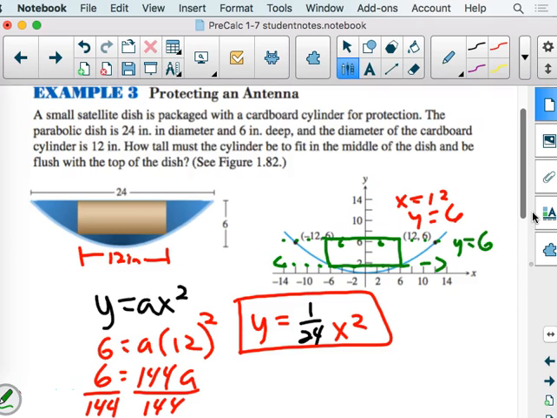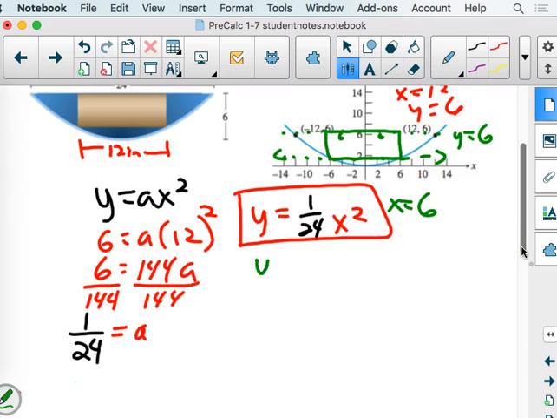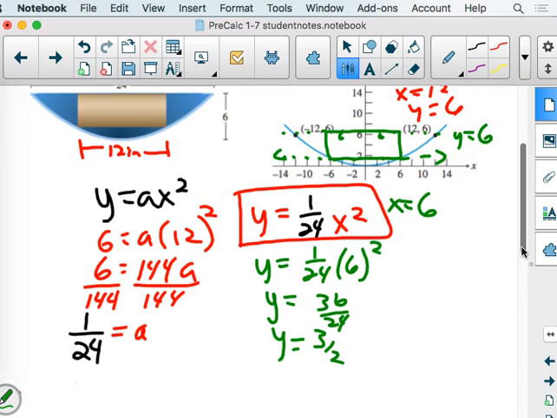Well, if I place this right, my x value is supposed to be 6 because it was 12 total and there'll be 6 on one side and 6 on the other. So if I put x equals 6 into my formula, that ought to tell me how far off the bottom of the parabola that little cylinder is going to have to sit. So let's see. We'll get y equals 1/24 of 6 squared, and that's 36/24, which 12 goes into both of those, and we get 3 halves, but it's a word problem.